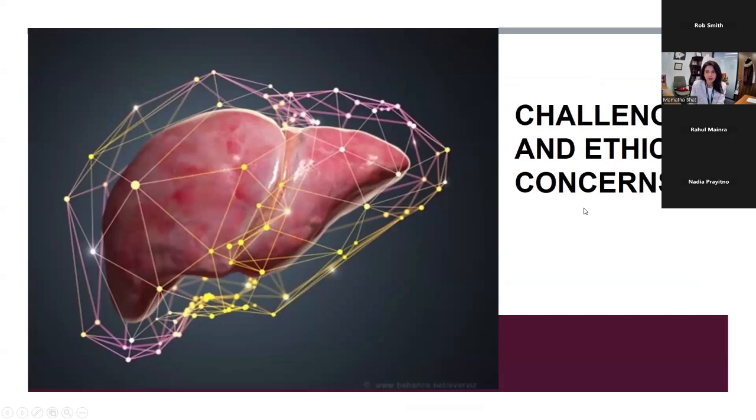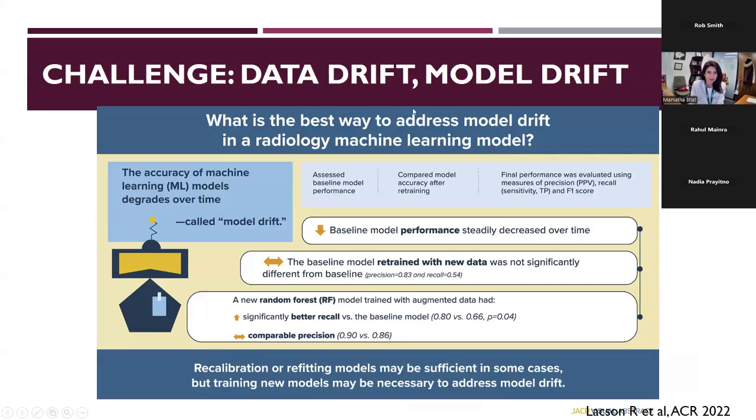And so finally, I'll conclude with challenges and ethical concerns. So to cover the bad and the ugly. So I think there are different challenges, including data drift, model drift over time. And so when the population changes, there are going to be changes in the performance of the model, which will degrade over time.